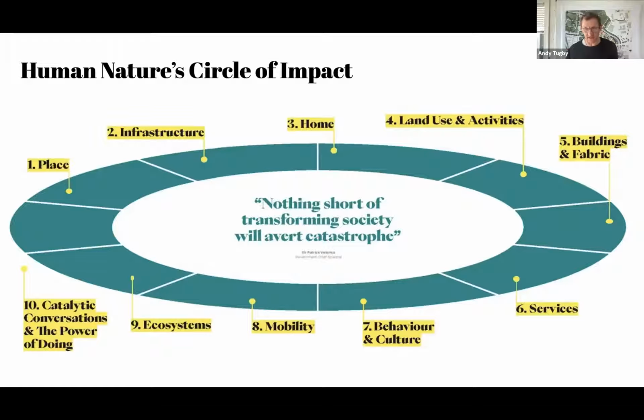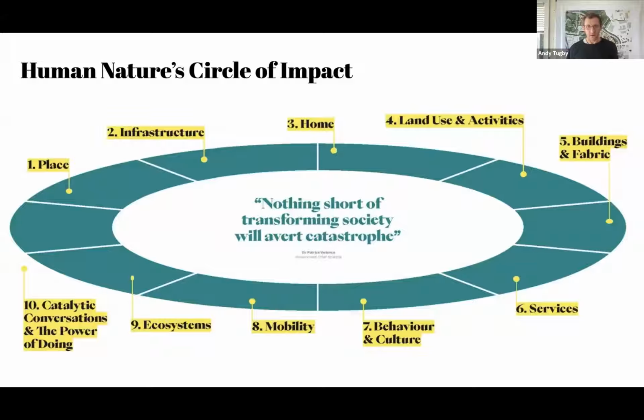There's a lot of detail on here, and I won't go through everything, but I'll just quickly zoom around. When we're looking at any of our projects, we look at place. So we look at people first urbanism, concepts like connectivity, walkability, 5-minute neighborhood. When we look at infrastructure, we're talking about renewable energy supply, zero waste, on-site energy generation.